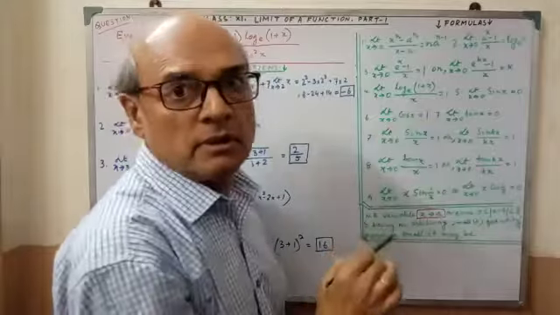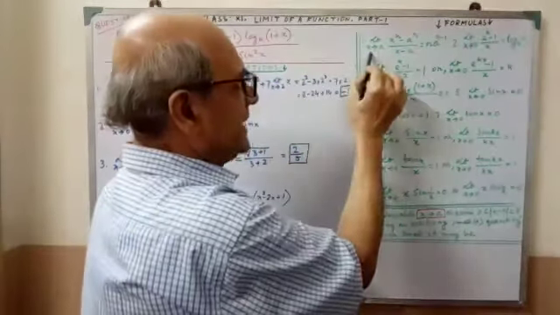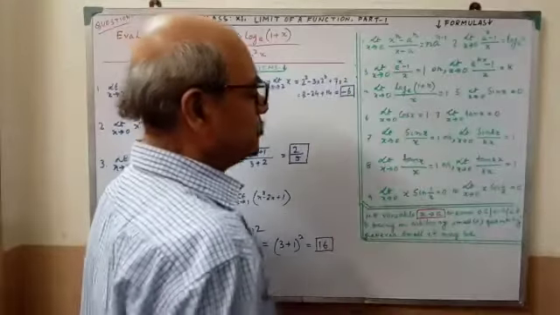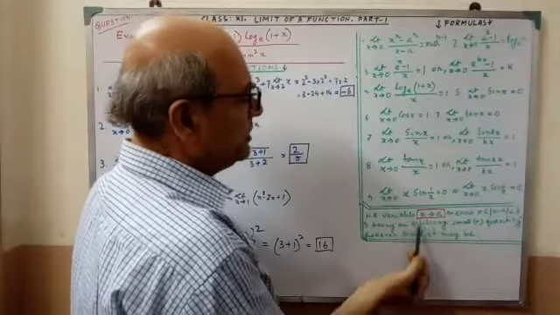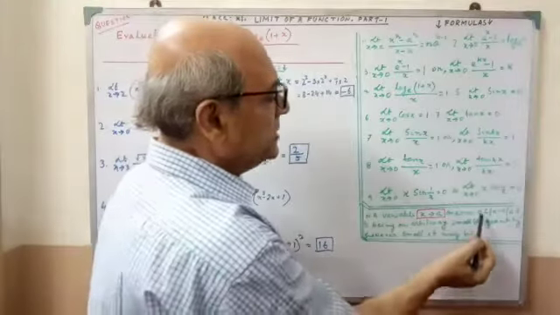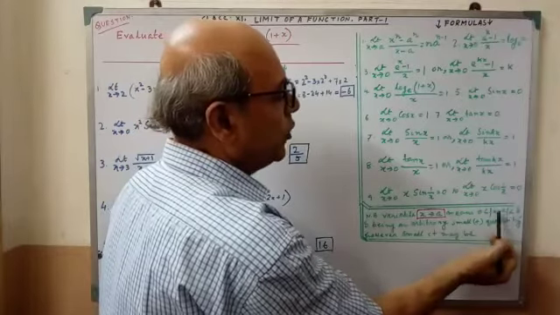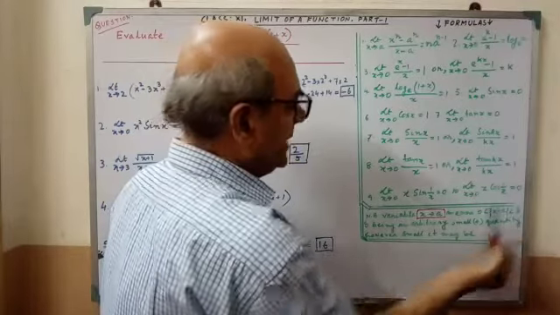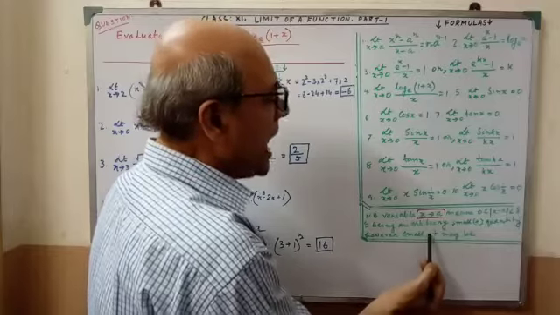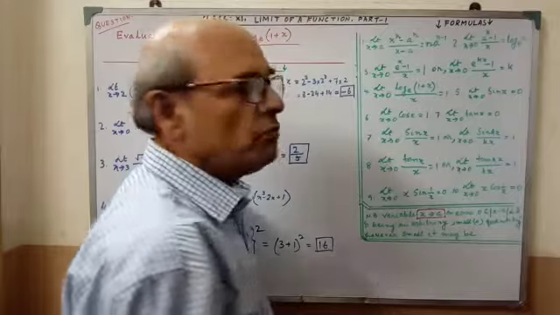Here, you have to notice attentively, that is x tends to a. X tends to a means what? The variable x tends to a means 0 less than modulus of x minus a less than delta, delta being an arbitrary small positive quantity, however small it may be.